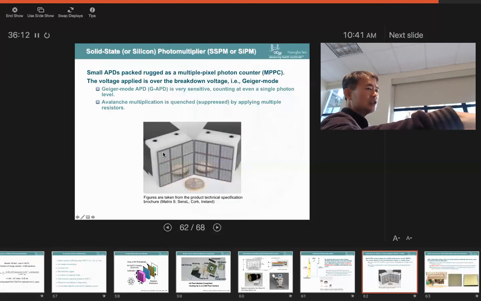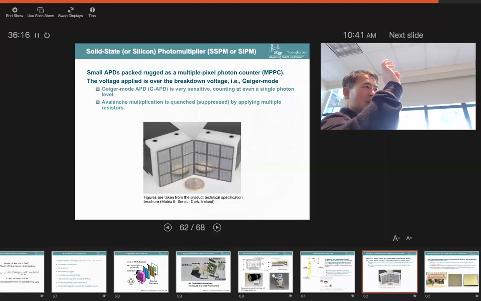So you do not see the small structure here. But each individual APD there is now acting in Geiger mode operation. So when an individual scintillation photon comes in, it sparks. But there are many of those APDs within that.